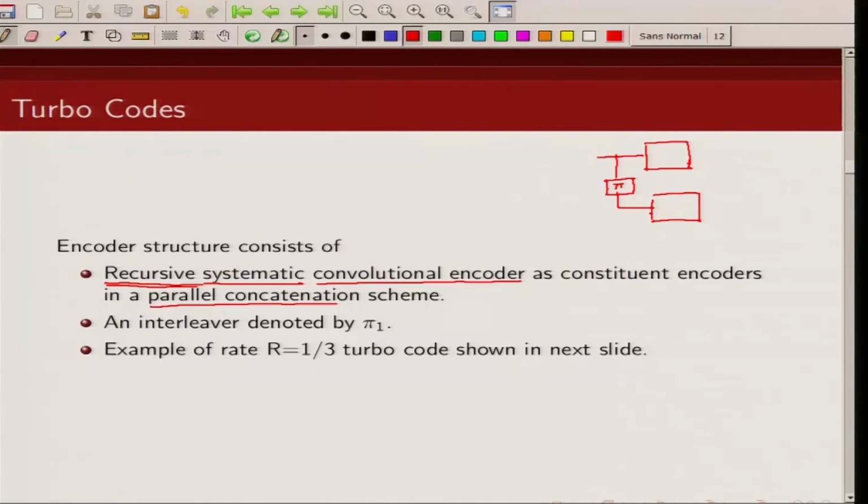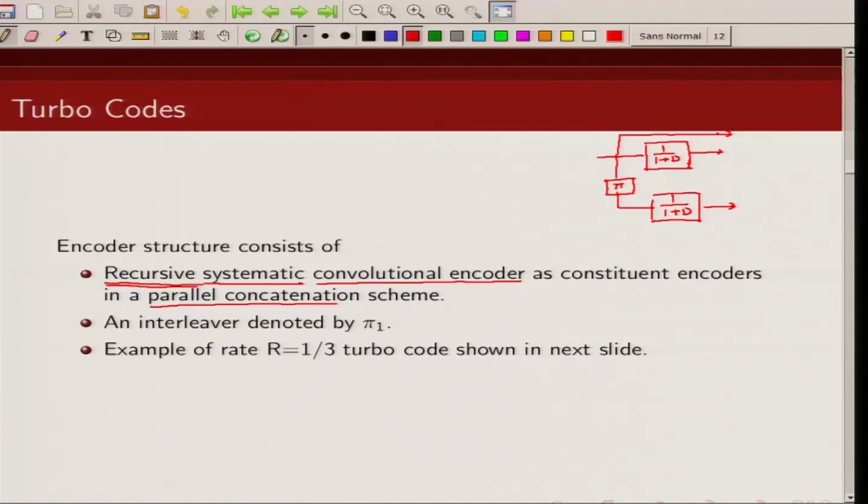G of D could be 1 plus D, 1 plus D. Now, this is systematic, right, so the input comes here. Usually the information sequences that have low weight can create low output weight sequences also.